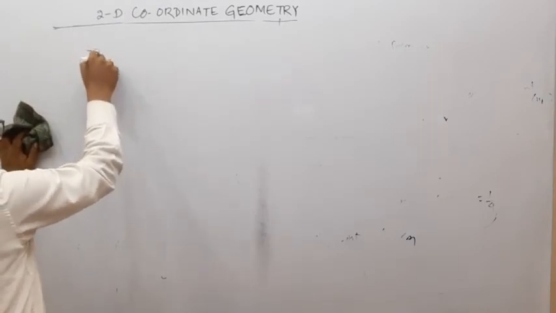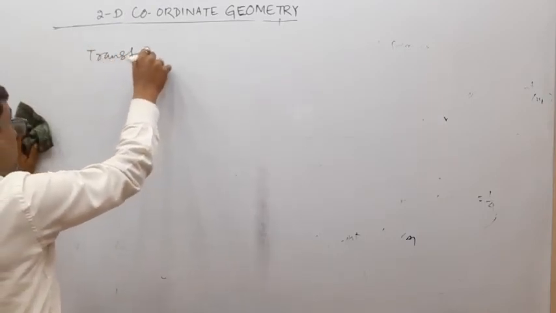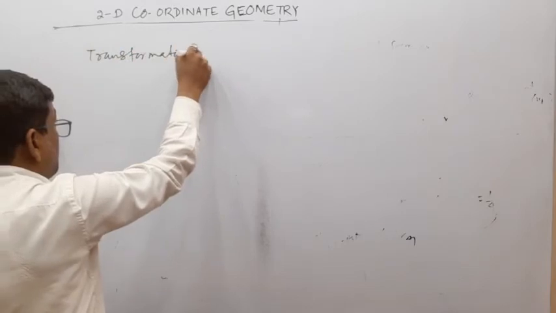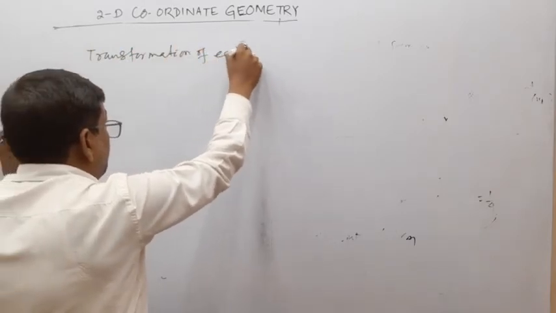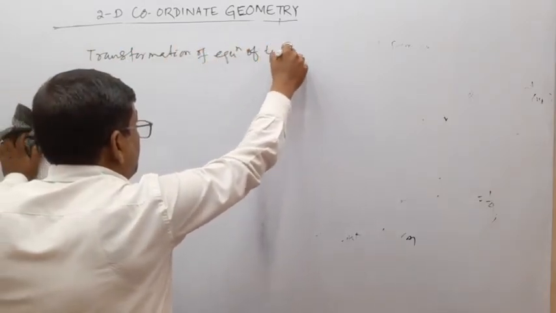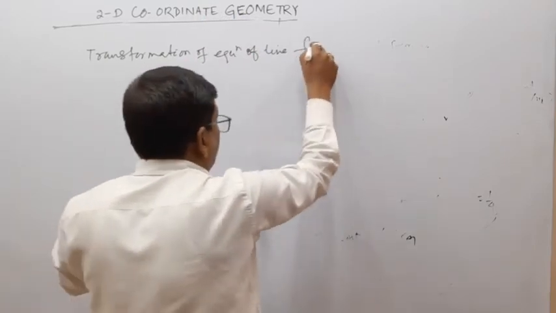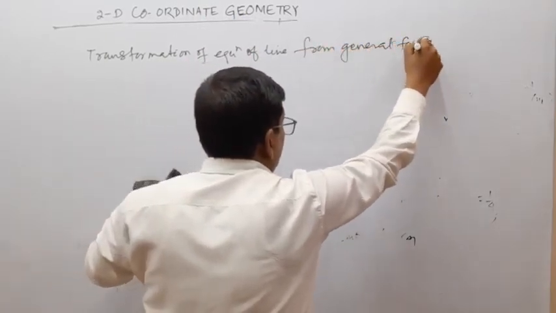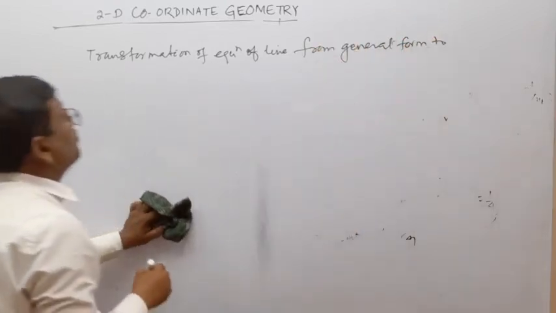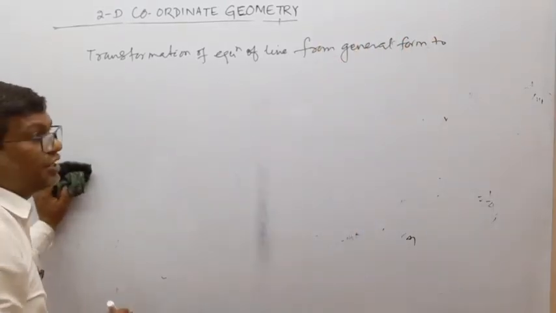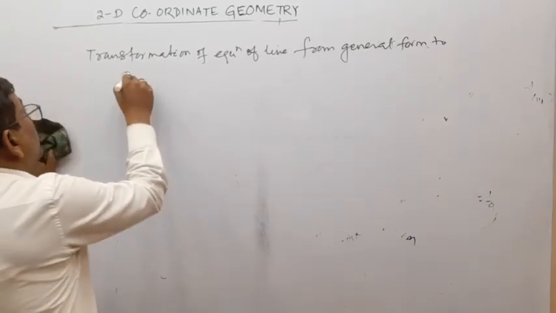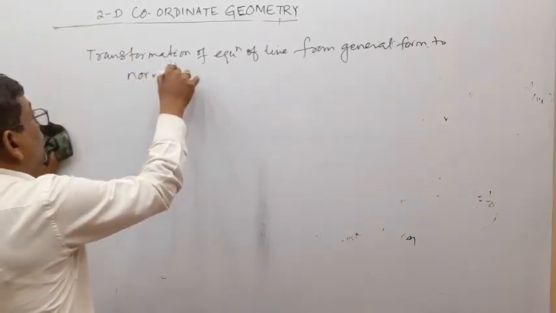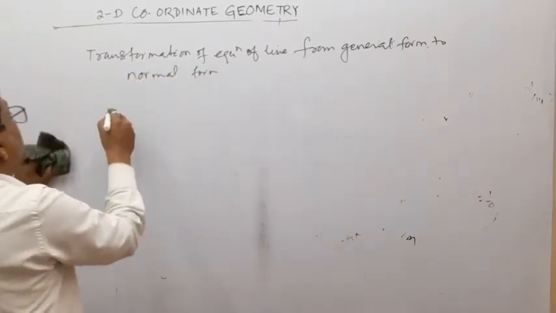That is, transformation of the equation of a line from general form to normal form. Procedure.